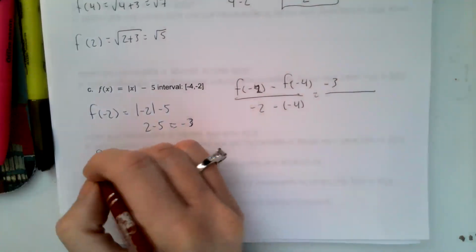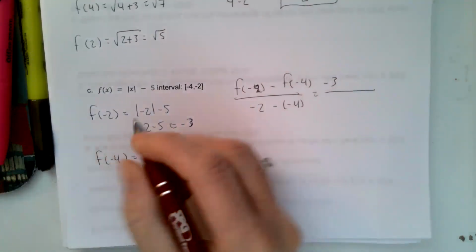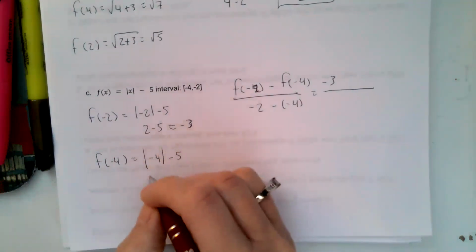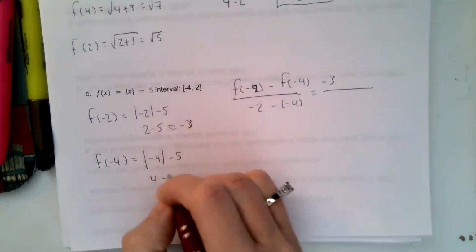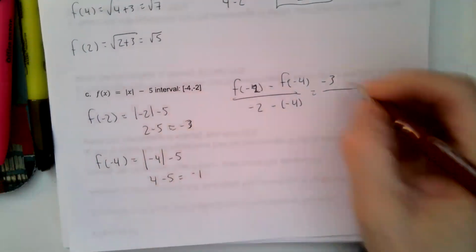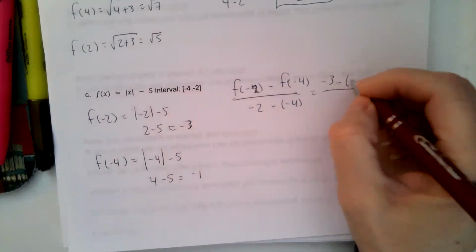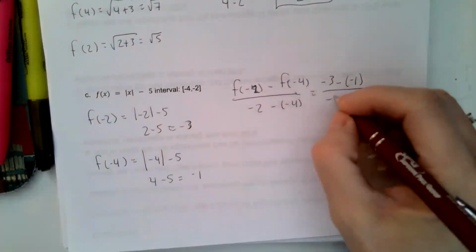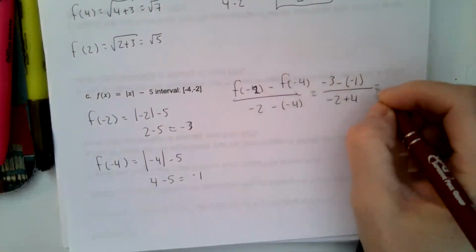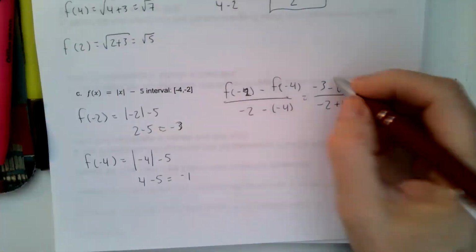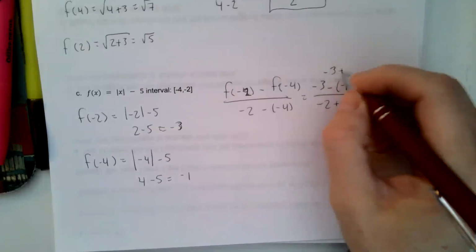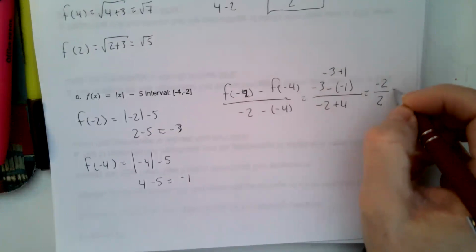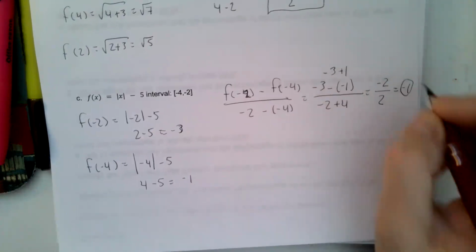And then the function evaluated at -4 is the absolute value of -4 subtracting 5, which is 4 subtracting 5, which is -1. So subtracting -1 over -2 subtracting -4 is -2 plus 4. And then this becomes -3 plus 1. So we have -2 over +2, which is -1.